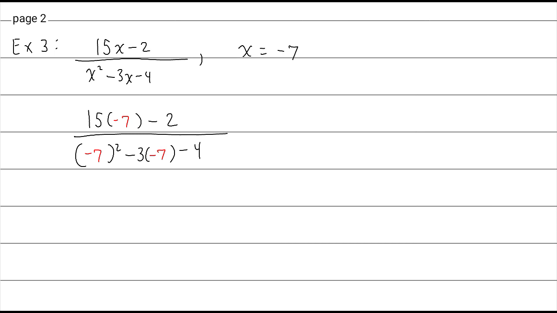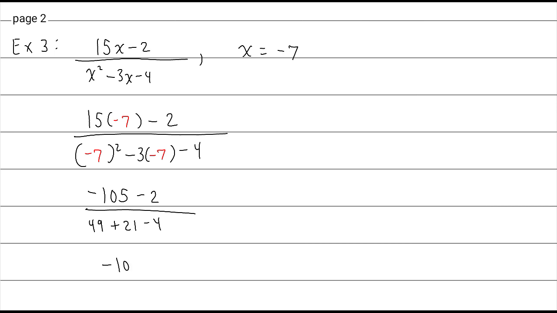So 15 times negative 7 is negative 105, minus 2, over negative 7 squared. Negative 7 times negative 7 is a positive 49. Negative 3 times negative 7 is a positive 21, minus 4. What does that come out to be?